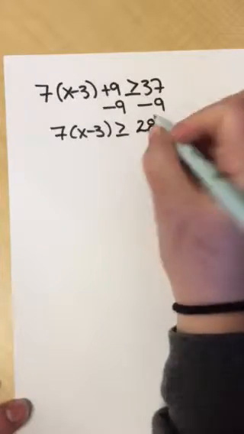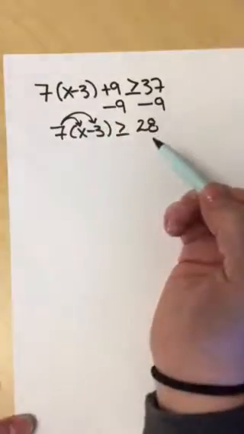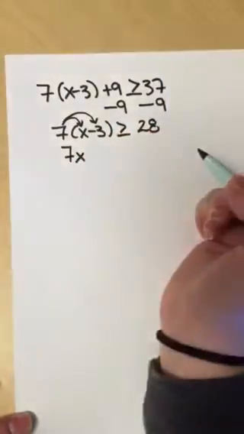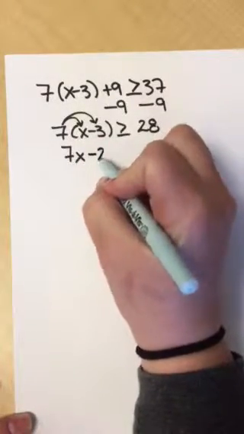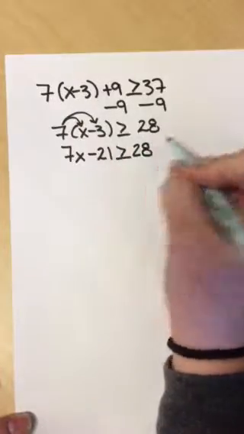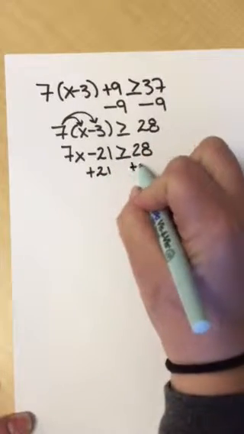I really hope that you're not guessing and you're using a calculator, because we know you guys don't guess very well. So I'm going to distribute that 7 in, and 7 times x is 7x. 7 times a negative 3 is going to be a negative 21, greater than or equal to 28. You're going to add the 21, add the 21.